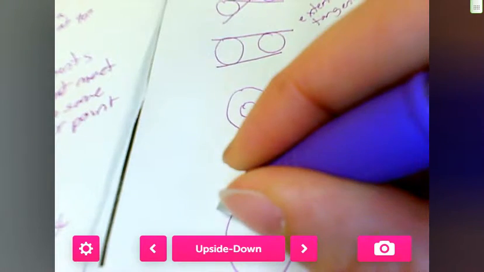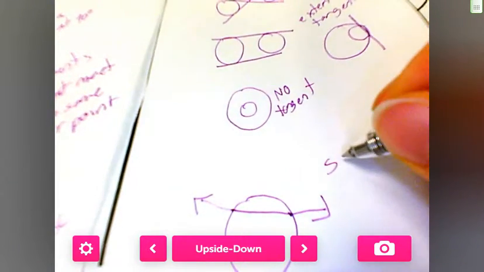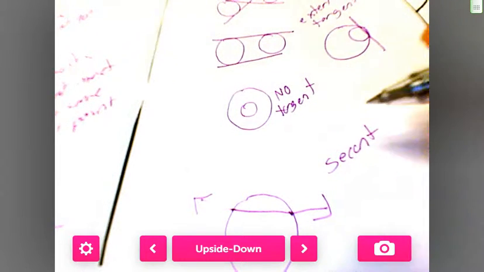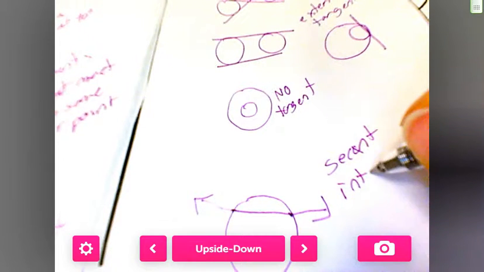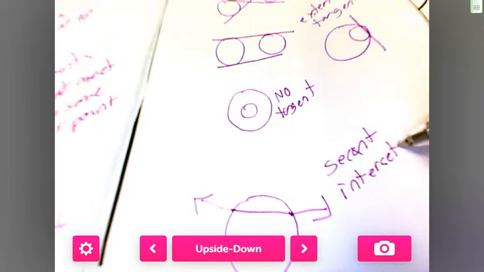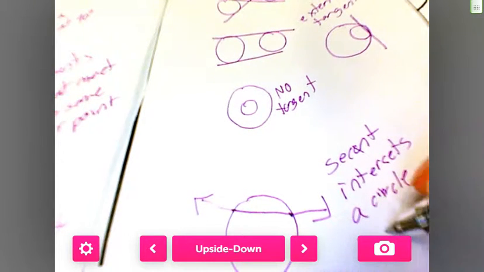What about a line that goes through the circle? That's called a secant. It intersects a circle in two spots.